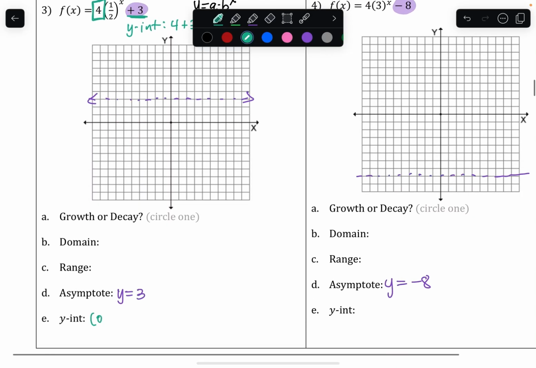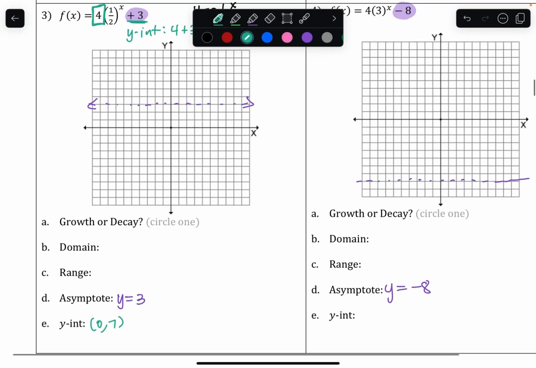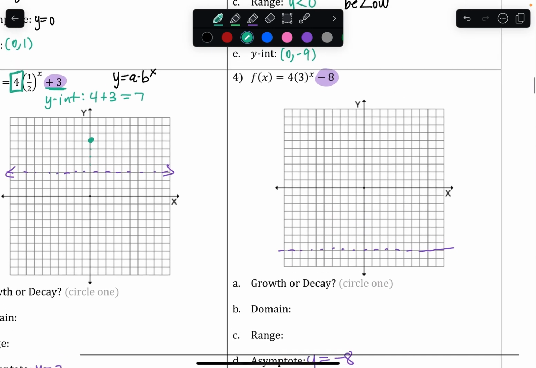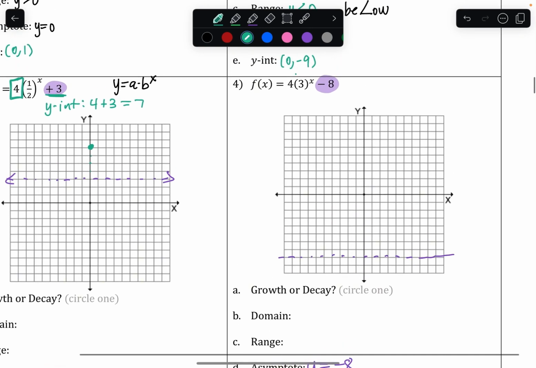And so your new y-intercept starts at 4, but +3 would give us 7. And so our y-intercept for number 3 is 7. And so go ahead and graph that. And then for number 4, we can see that the y-intercept is 4 minus 8. 4 minus 8 would give us -4.